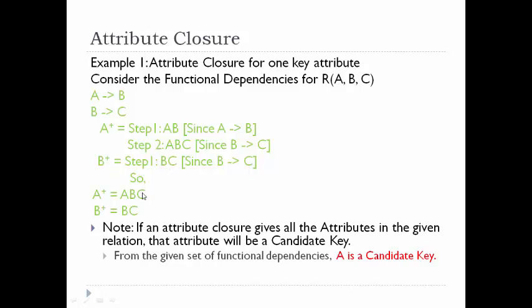So A closure gives you ABC and B closure gives you B and C.